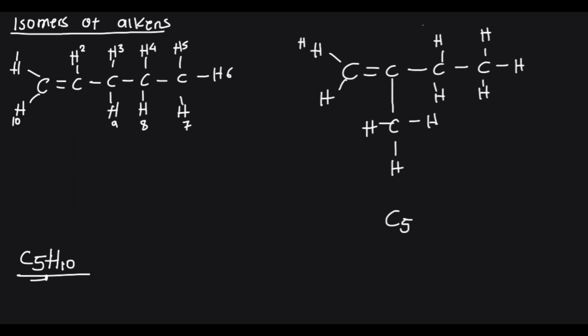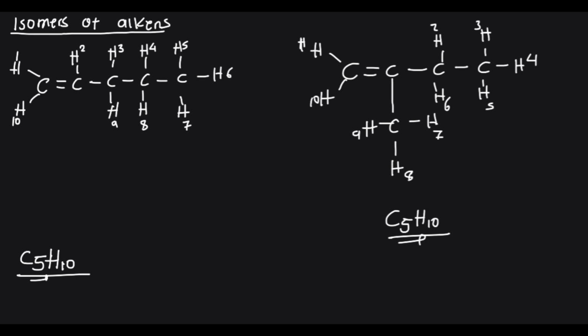We have 1, 2, 3, 4, 5, 6, 7, 8, 9, 10. So even here we have 10 atoms of hydrogen. So we can see that their molecular formulae are the same. So these two qualify to be isomers.